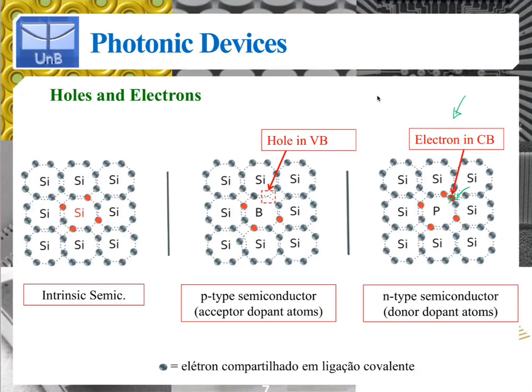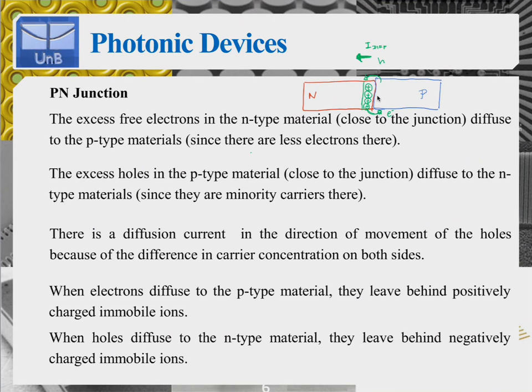Therefore, it becomes a positively charged ion because it has 1 less electron. So originally it was neutral. Since the electron moved across the junction, now it has only 4 electrons and a net charge which is positive. So you have these positive immobile ions.